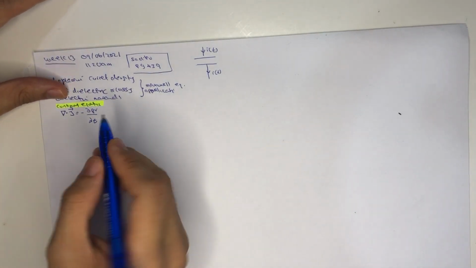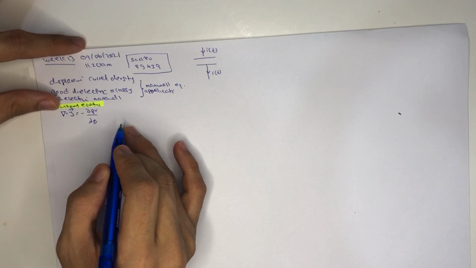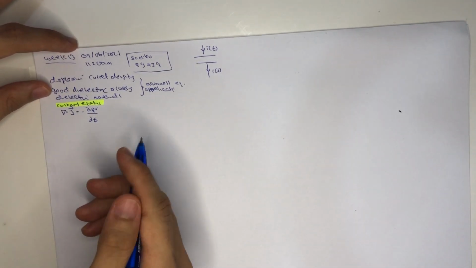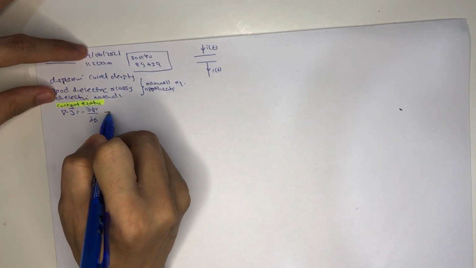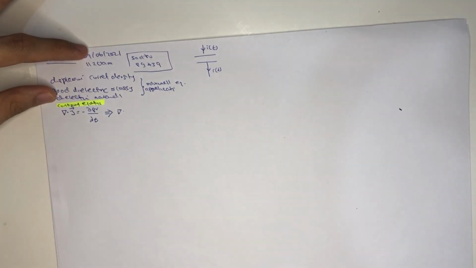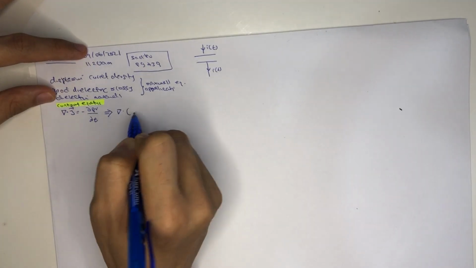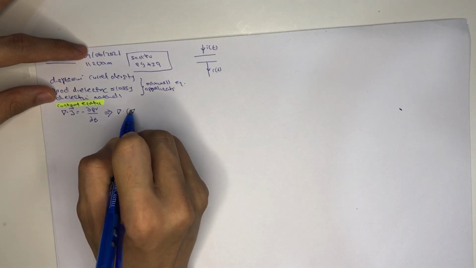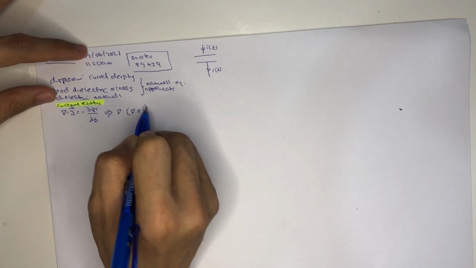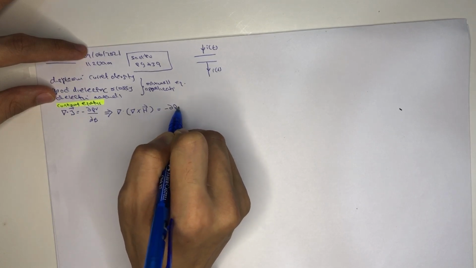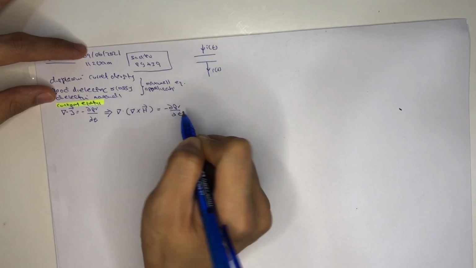Then we also know that if we take the divergence of J, J is actually the curl of H, so we have the divergence of curl of H equals negative d rho v over dt.